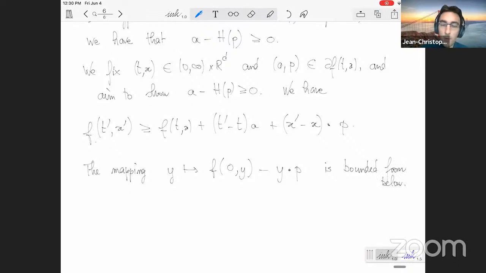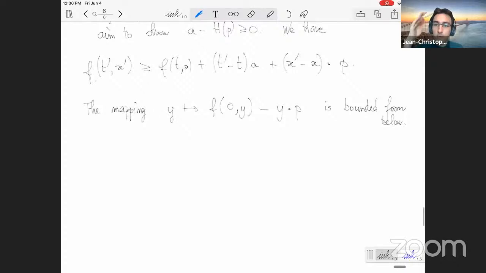This is just by applying the inequality above with t' equals 0 and x' replaced by y. And so I'm going to take the infimum of this function, and where the infimum is achieved will be a point with slope p. So in this step, I'm going to assume that this infimum is achieved. That's the little cheat I'm doing. But it's easy to fix.